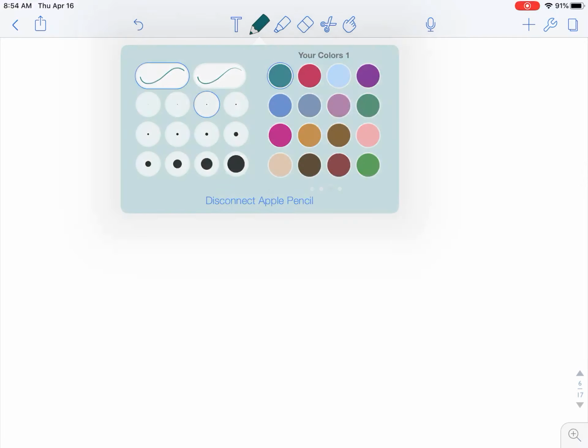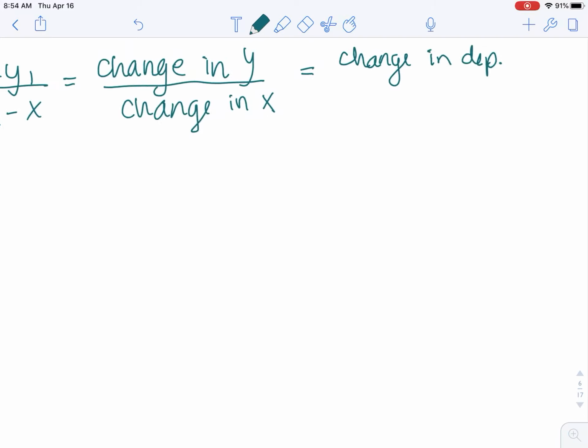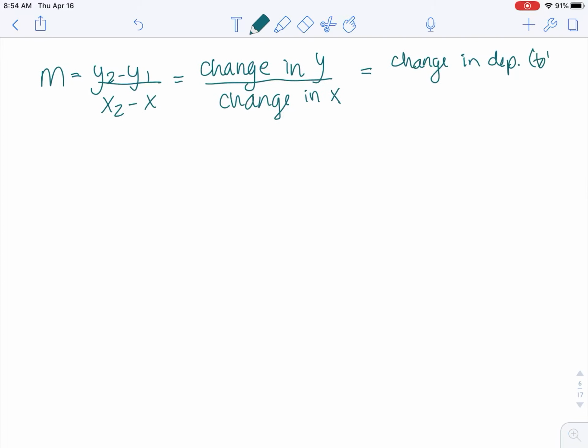So we can say that slope is y2 minus y1 over x2 minus x1. We can call it the change in y over the change in x. We can call it the change in your dependent variable, which some of you might even say is your total.